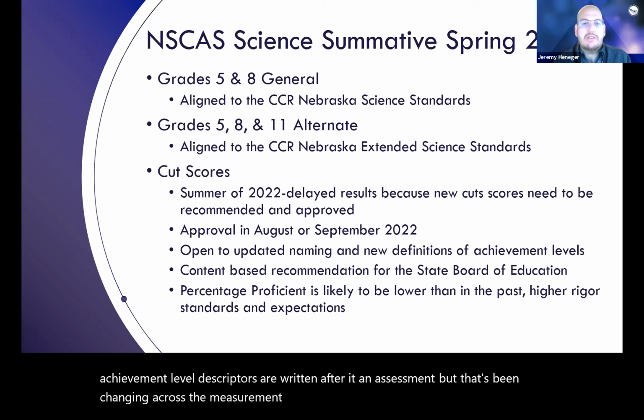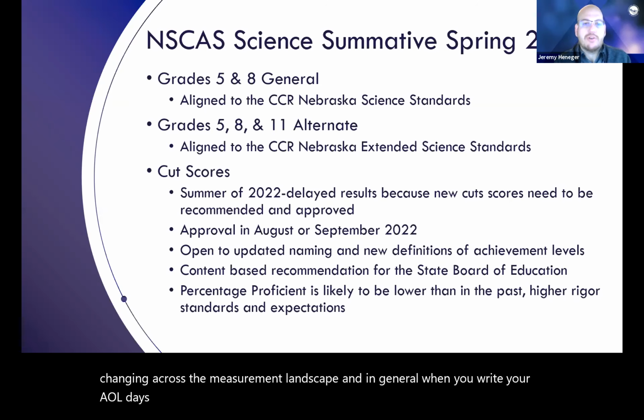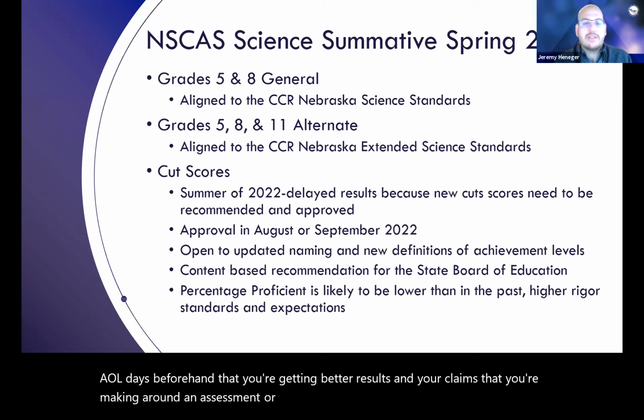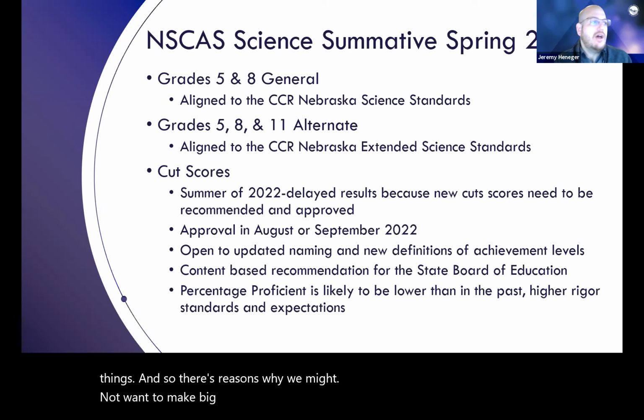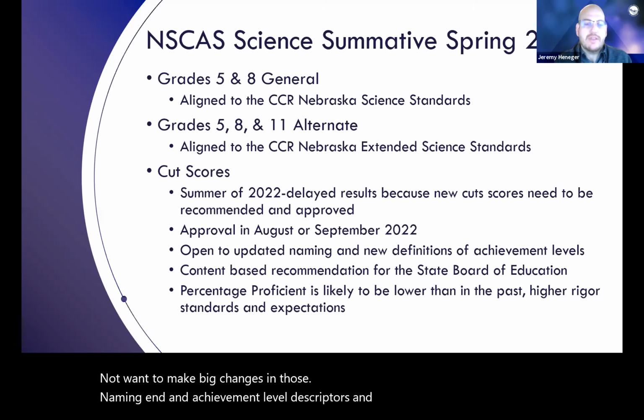In general, when you write your ALDs beforehand, you're getting better results, and the claims you make around an assessment are usually better supported. So there's reasons why we might not want to make big changes in naming and achievement level descriptors, but there's also good reasons why we might want to change it.